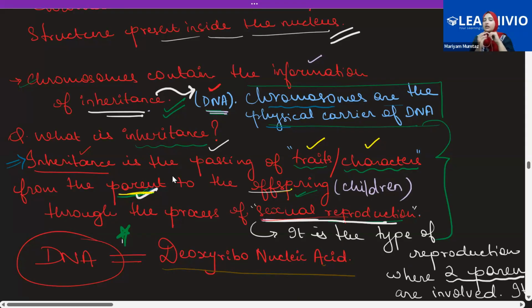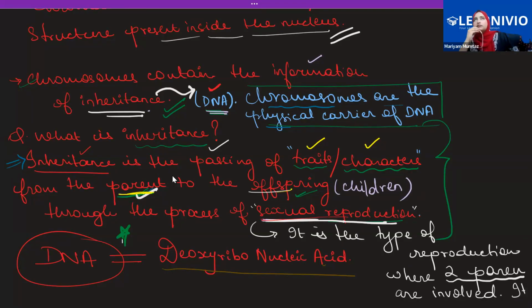What is inheritance? If you compare yourself to your parents, you might have some features of your mother, some features of your father, or a combination of them both, isn't it? Where is it coming from? It's because you've come from your parents, and you have been passed on the gene or the DNA from your parents.